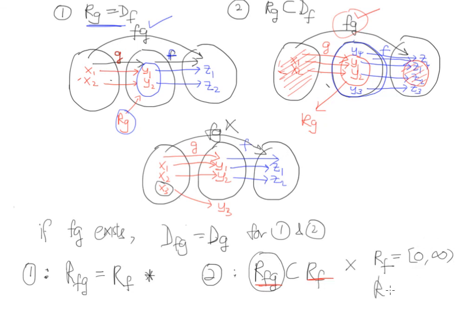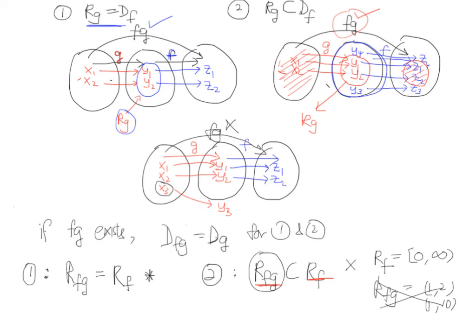All you can conclude is that it has to be between 0 and infinity, so it could be from 1 to 2, inclusive or exclusive, it could be 1 to 10, it could be anything else, and therefore this piece of information is not useful at all. When this happens and you need to find the range of Fg, you have more things to do. You have to do more workings.